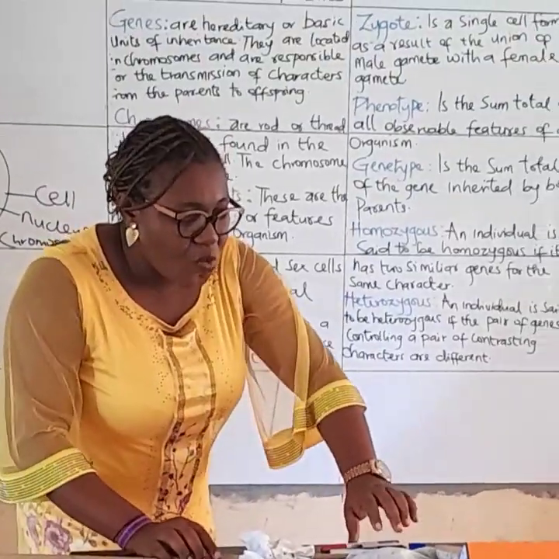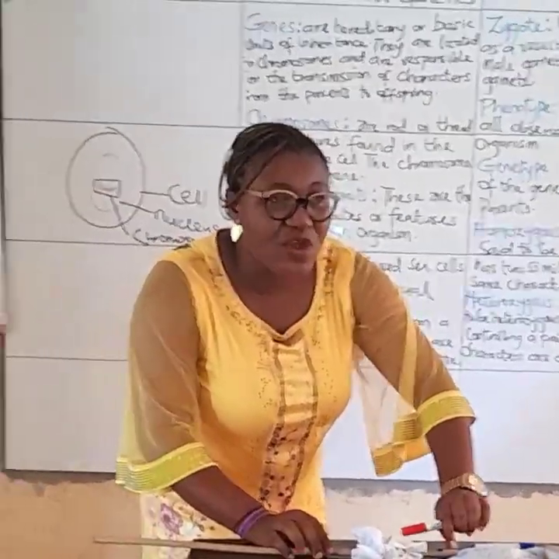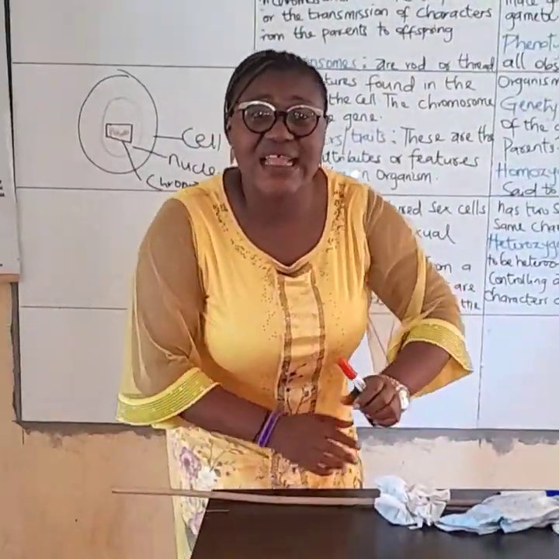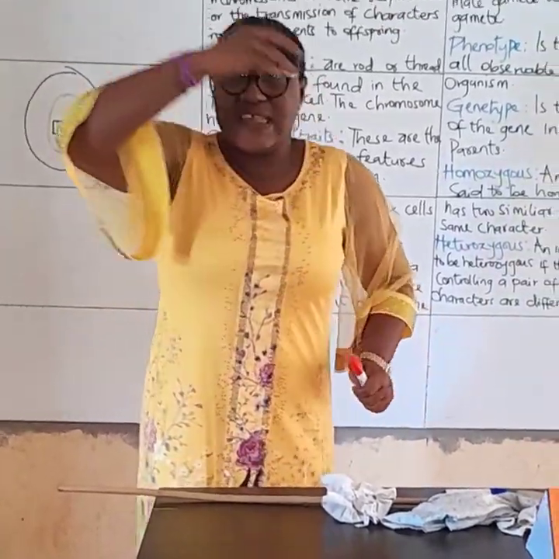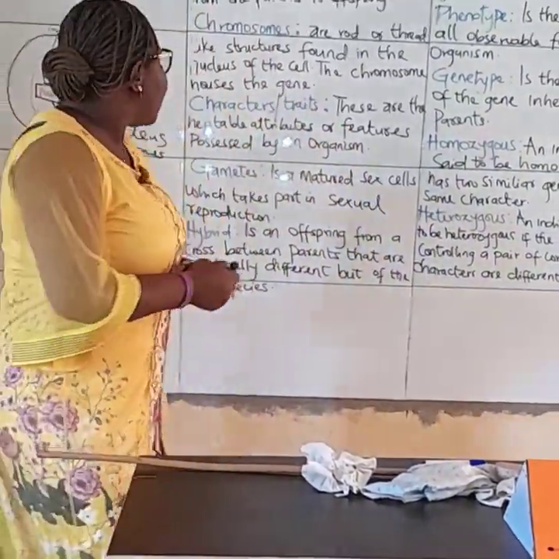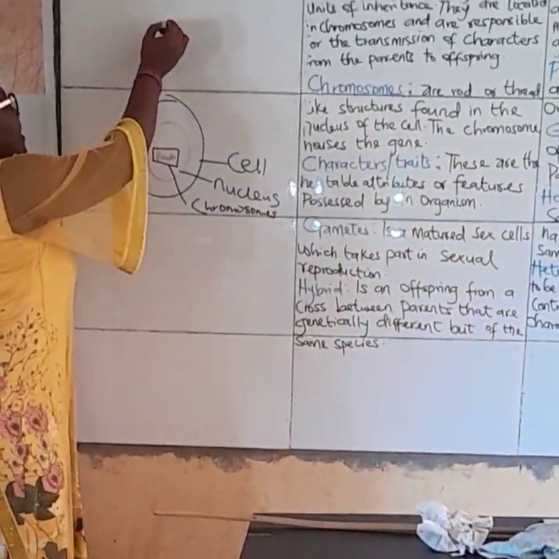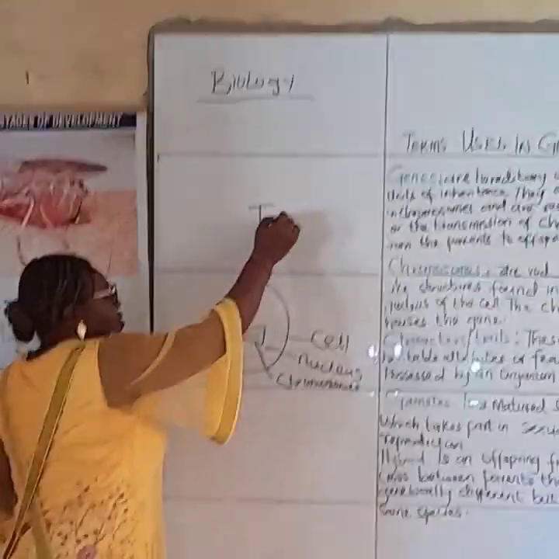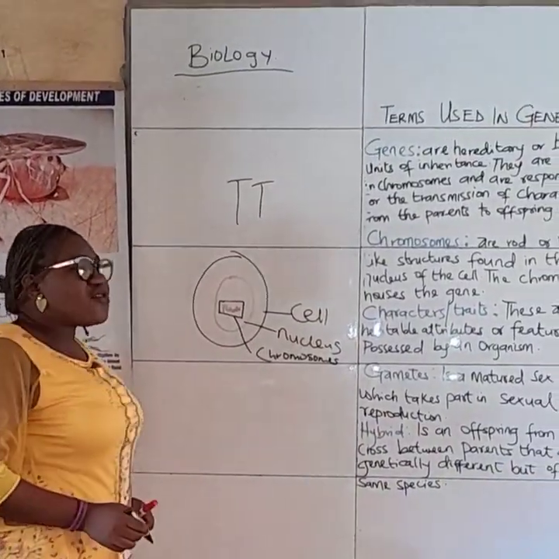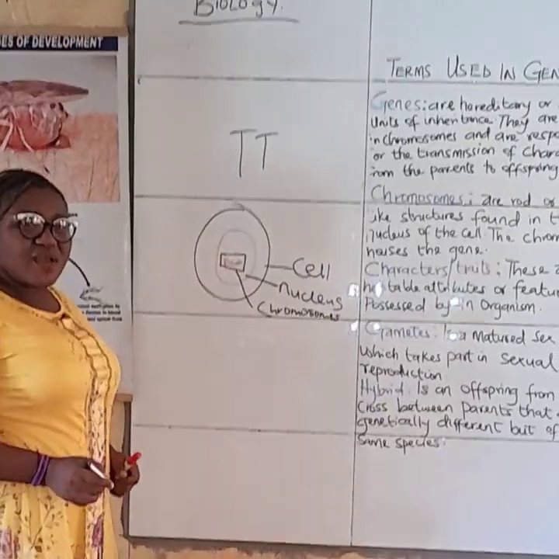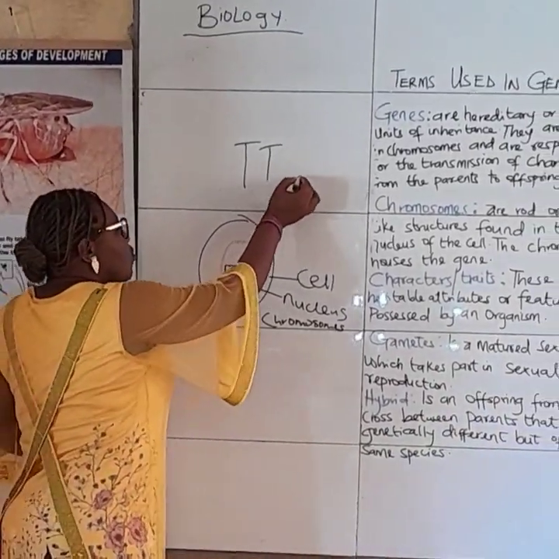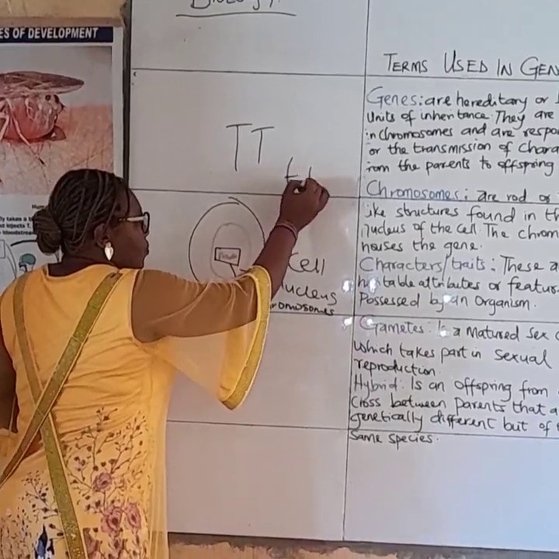Here, what we use to know a dominant character is that it supersedes the other one. We usually know it as capital TT. But that of the recessive, we know it as small tt.